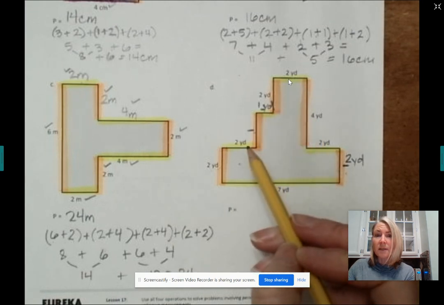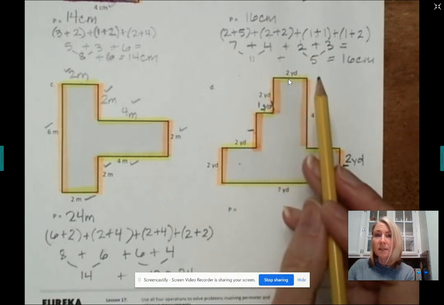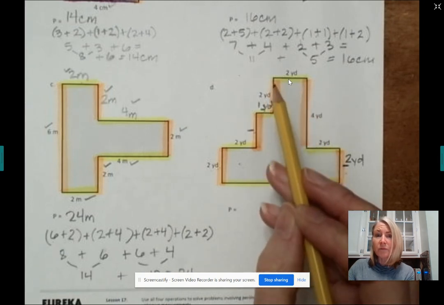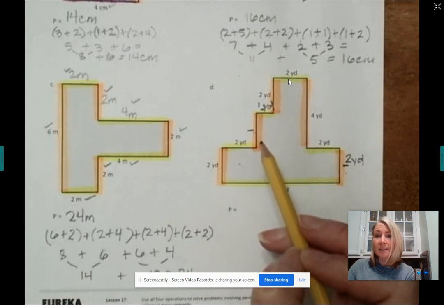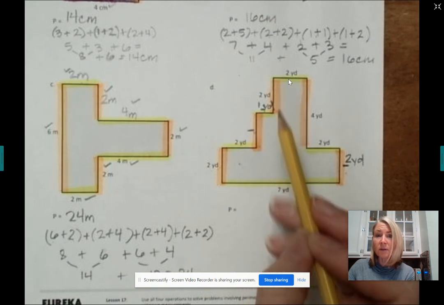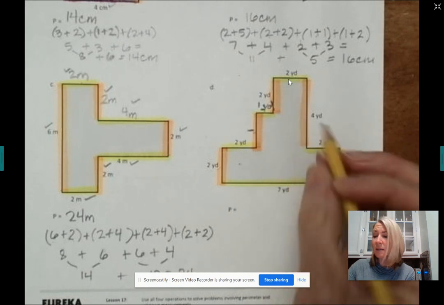So if this line from here to here is equal to 4, and I already have 2 of it identified, this piece has to be equal to what? 2, because 2 plus 2 will equal this match, right? So if I pushed this line in to create it, you can see it would be the same length.